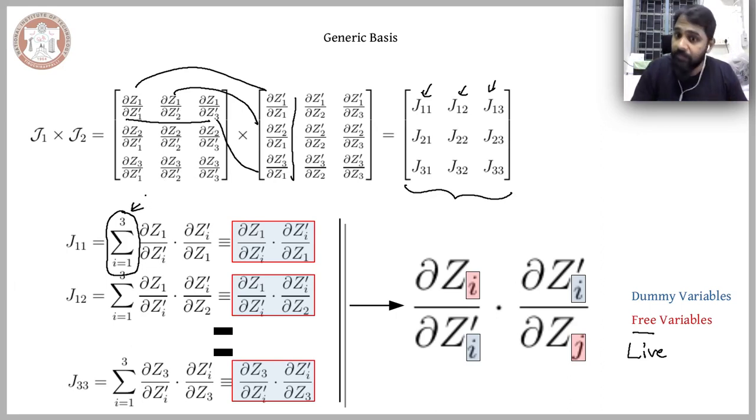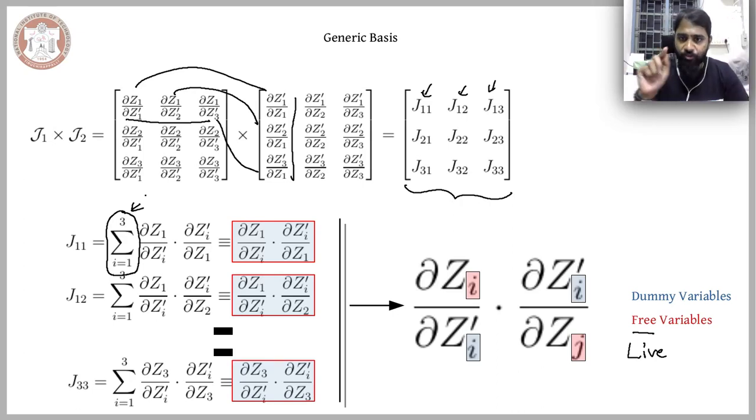Now, what the dummy variables allow me to do is, when I'm introducing the summation sign, I'm essentially replacing the indices with a dummy index. And when I'm replacing it with a dummy index, my notation allows me to get rid of the summation sign before my expression.